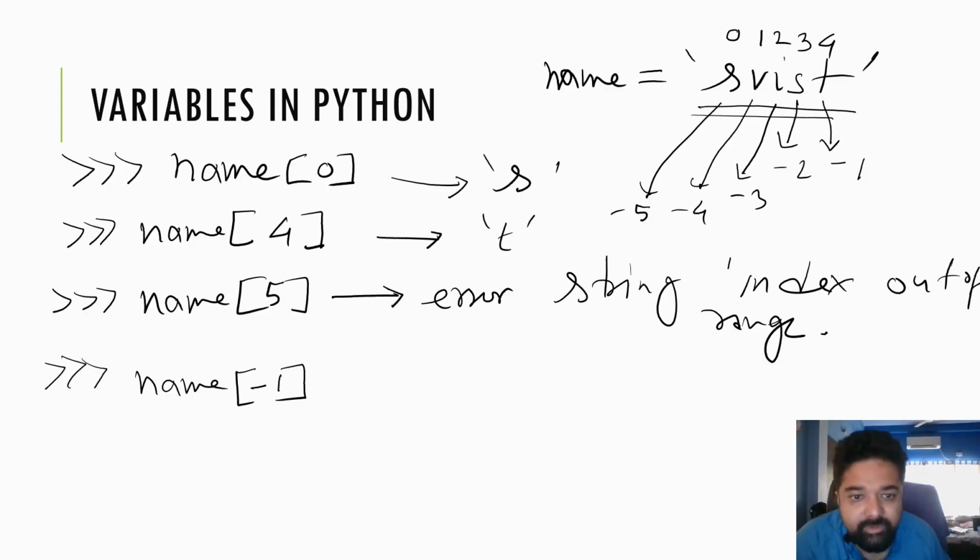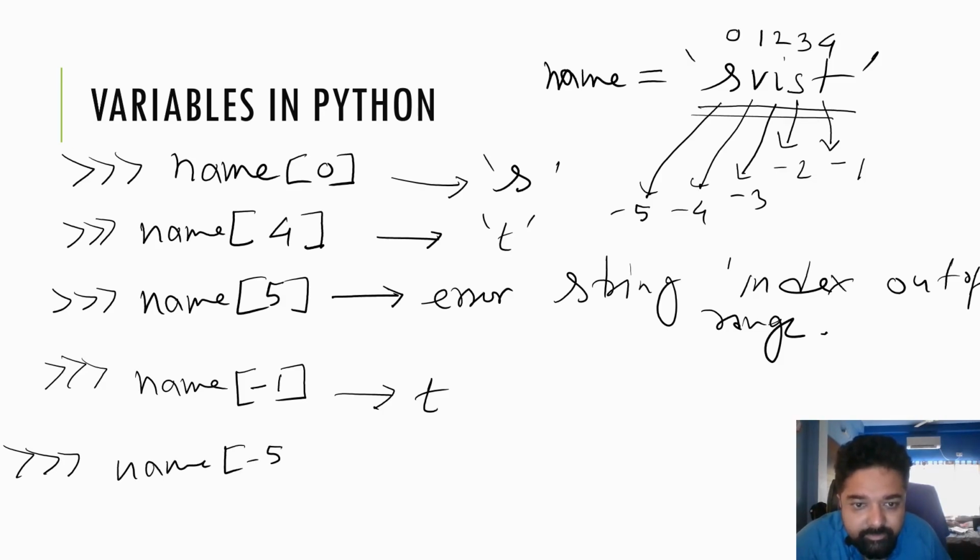So if I write -1, it will print T. If I write -5, it will print S, this way.